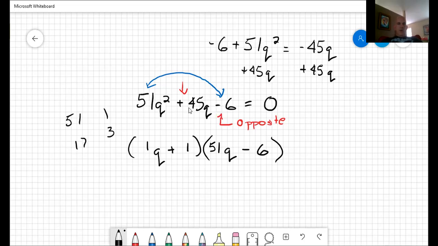Remember when these things add together, they actually appear in the same binomial, and the other binomial just has 1s in it. All right, so that's all equal to 0. So we're going to set this up, just call this q plus 1 equals 0, or 51q minus 6 equals 0. Going to subtract 1 here.